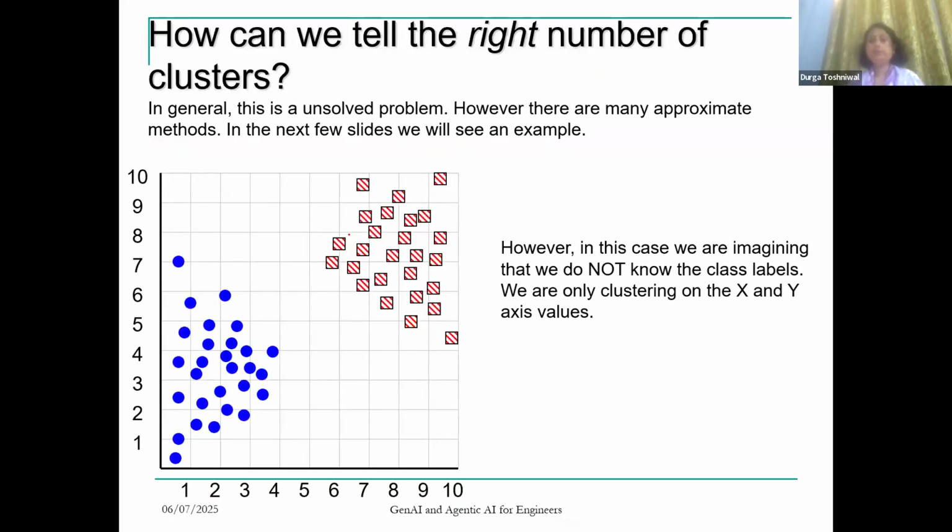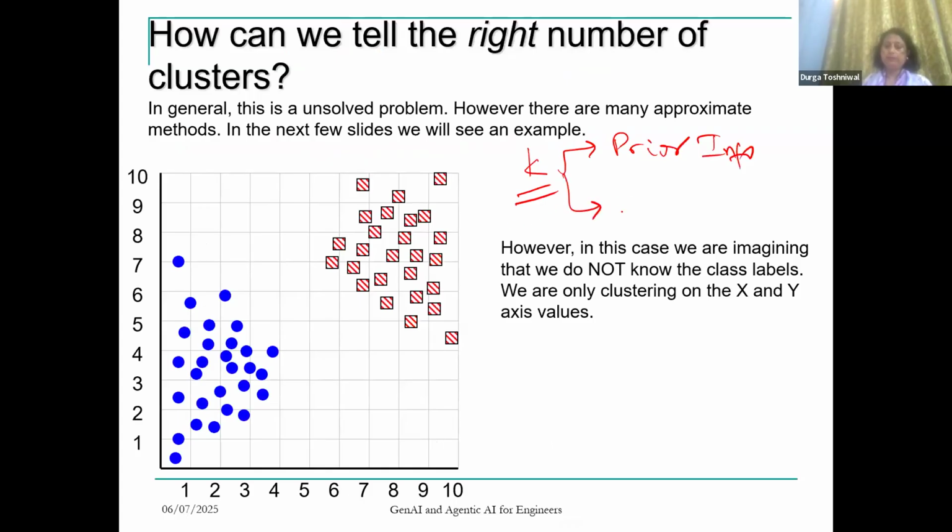Now, as I already told you, in partitioning we need to pre-decide the number of clusters K that need to be formed. But how can we decide that? If we have some prior information, that can help us identify the number of clusters to be formed.